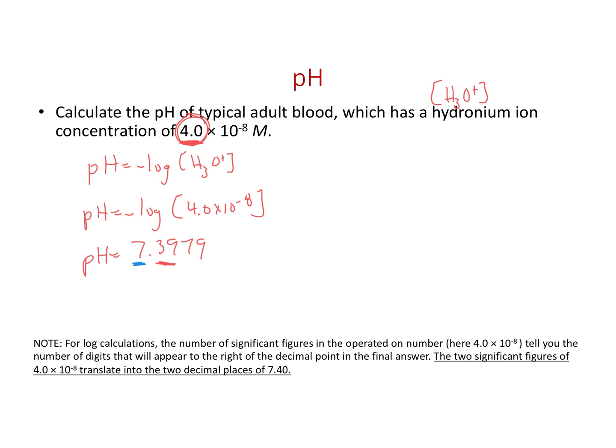The leading number does not count. That's just telling you how far away you are from 0. So to report this with the correct number of significant figures, we're going to drop everything after the 3 and the 9. We're dropping a 7, so we would round this up to say pH of 7.40. 2 sig figs there to match the 2 significant figures we have there.